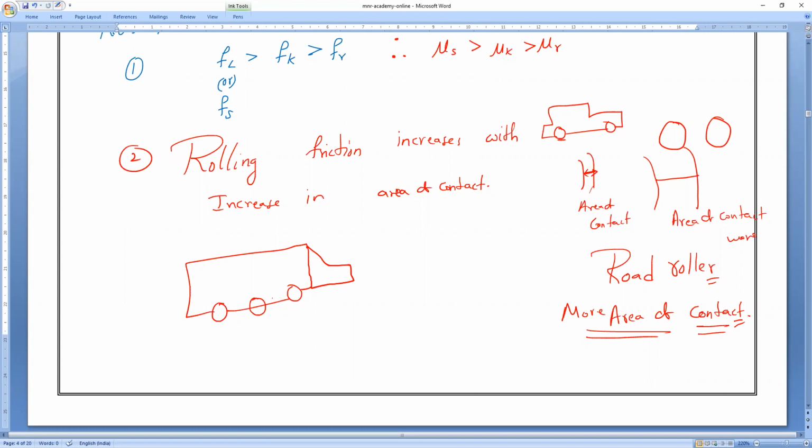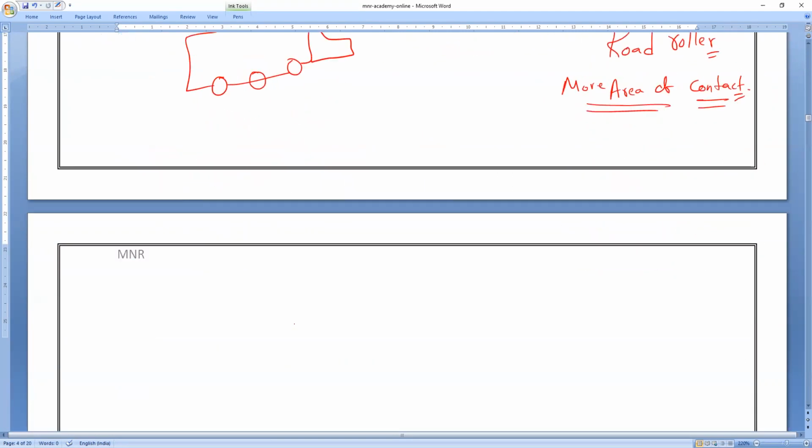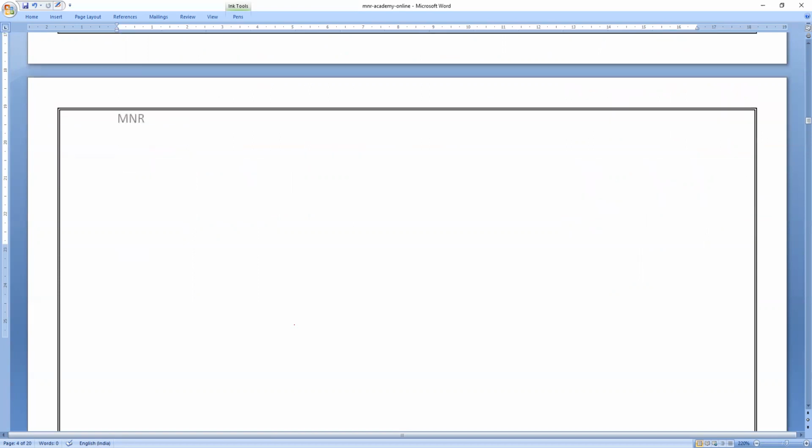But if the number of wheels touching the ground increases, does rolling friction increase or decrease? That is my question to you all. Increases. So as area of contact increases, rolling friction also increases. That is what you have to remember.